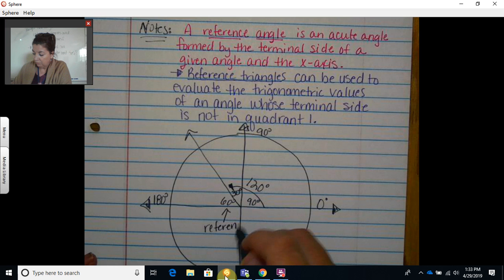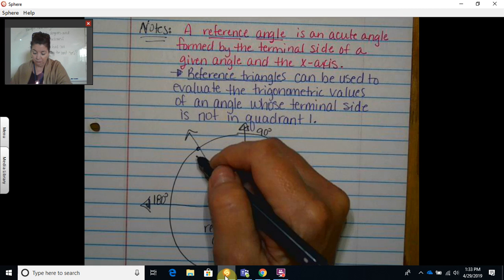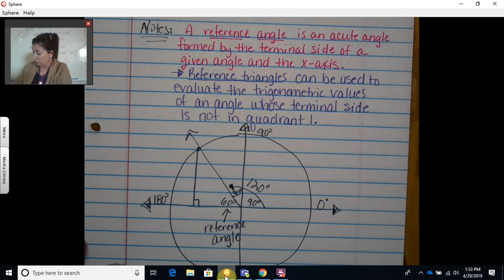So it's not part of the angle that we drew in, it's the other side of it. We're going to use it as a point of reference, and we're going to make a triangle using that reference angle, and that would be referred to as the reference triangle.